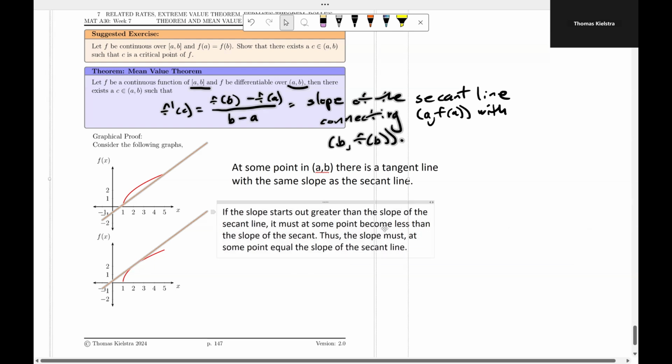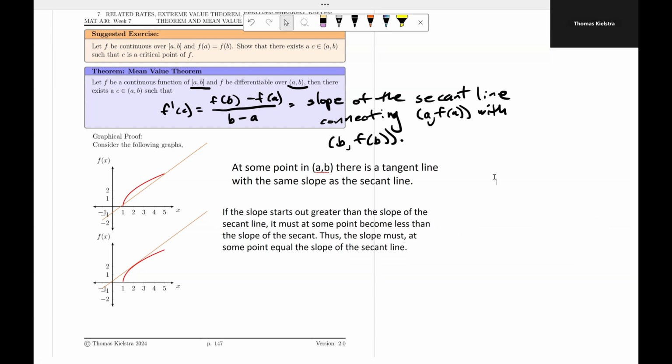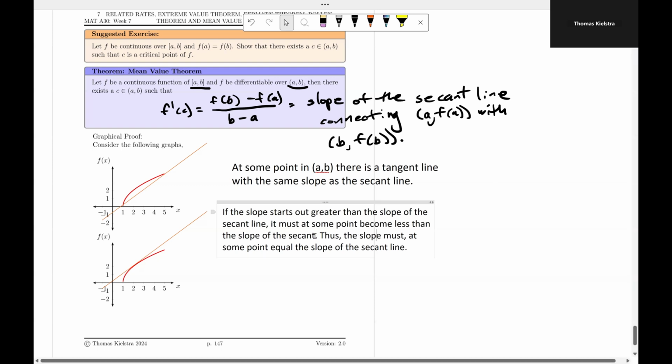The argument for a shallower slope to start means that at some point it must get a slope greater, because at the end it has to have that slope. If it is less steep at the beginning, it will then become steeper. So it's a very similar argument.